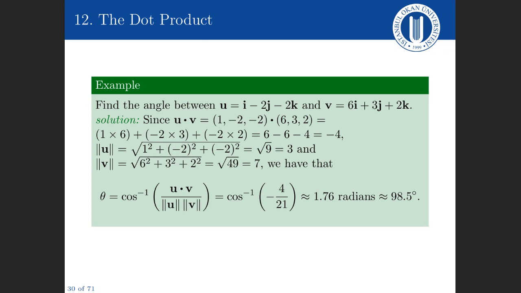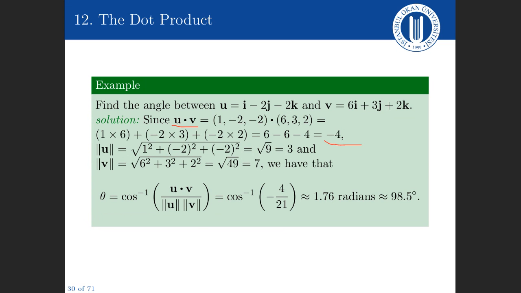We can use the theorem from a few slides ago to calculate the angle between this vector u and this vector v. Here's our formula. The angle is the inverse cosine of u dot v divided by the norm of u, norm of v. So we need u dot v, the norm of u, and the norm of v. I'll leave this for you to check.